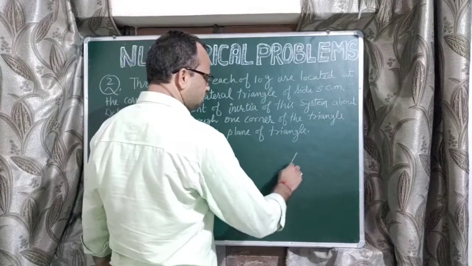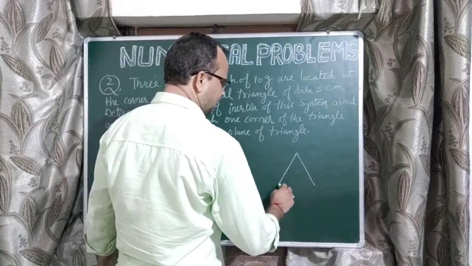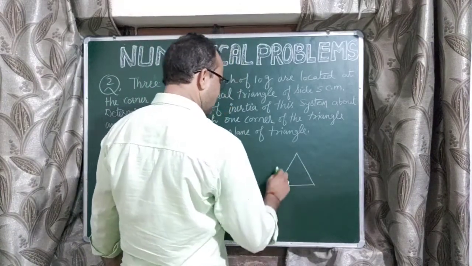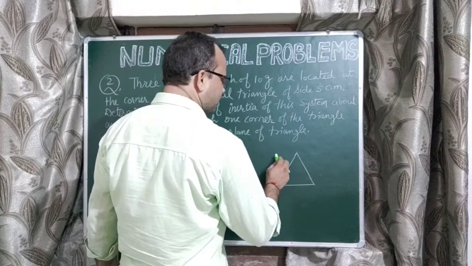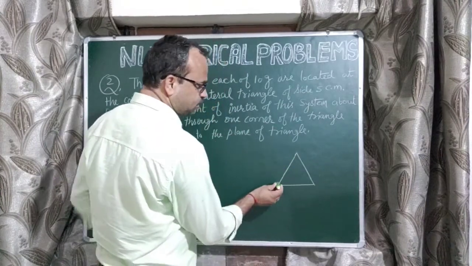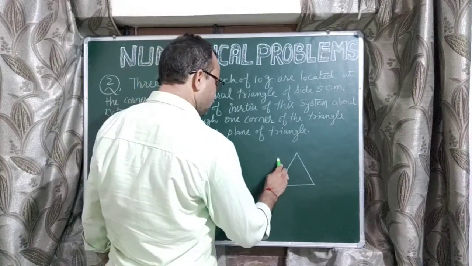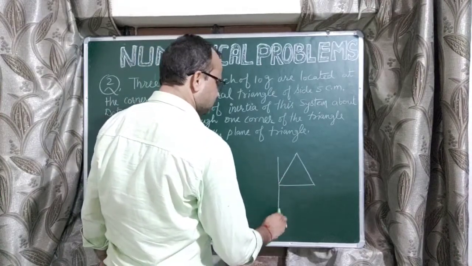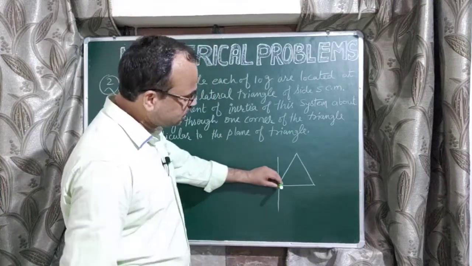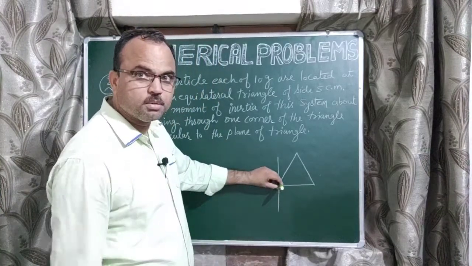Suppose this is an equilateral triangle. An axis is perpendicular to its plane like this. This is the axis perpendicular to its plane. We can draw the axis here like this, but actually it is perpendicular to the plane.